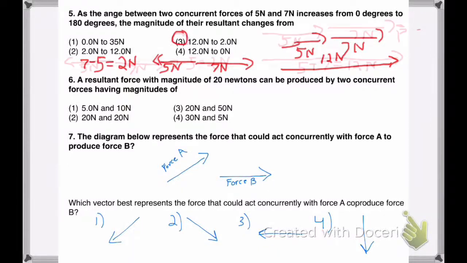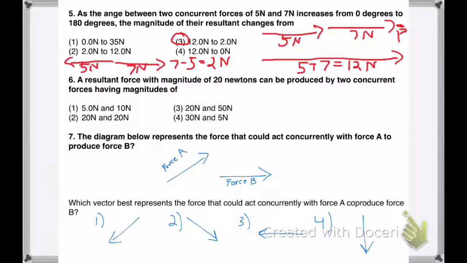Alright, question number 6, a resultant force with magnitude of 20 newtons can be produced by 2 concurrent forces having magnitudes of. Well, the easiest way to do this problem is to look at our answers. Can any of those answers be put in a way that would produce a 20 newton resultant?